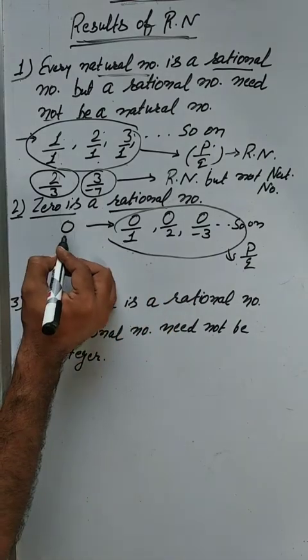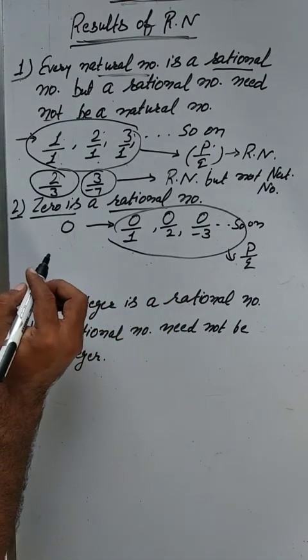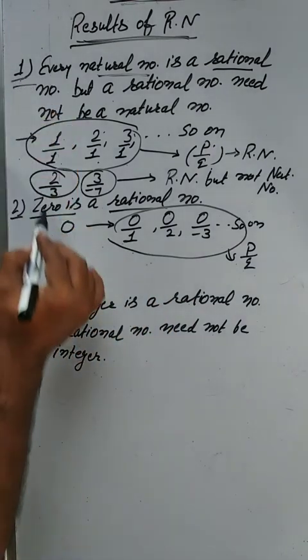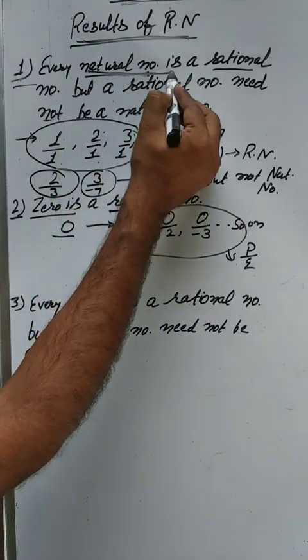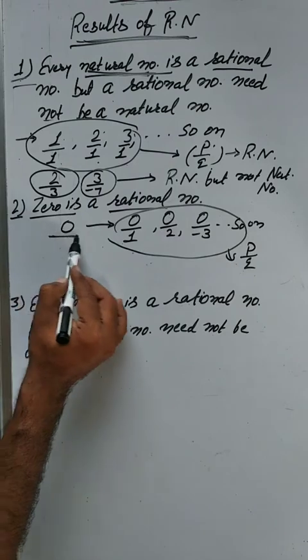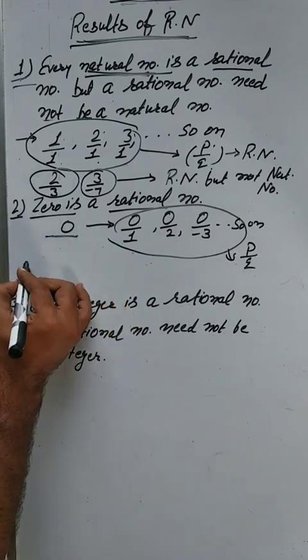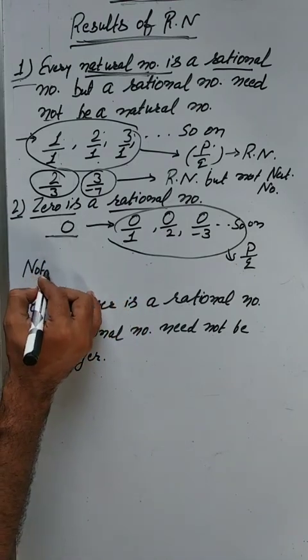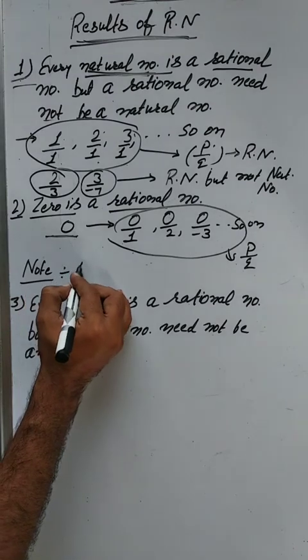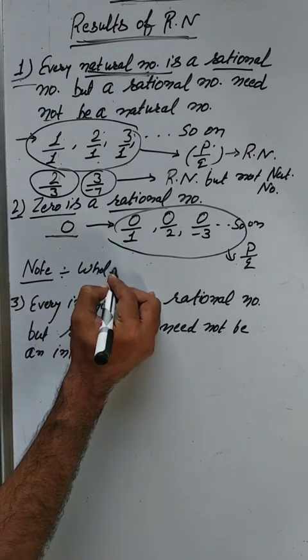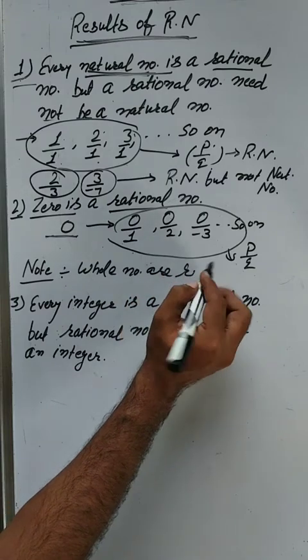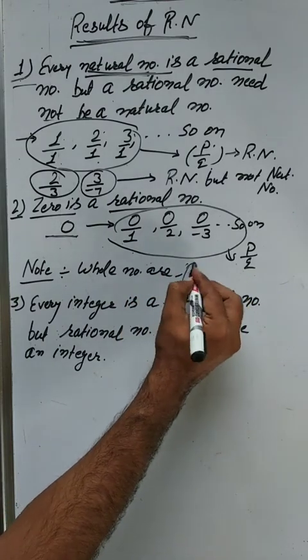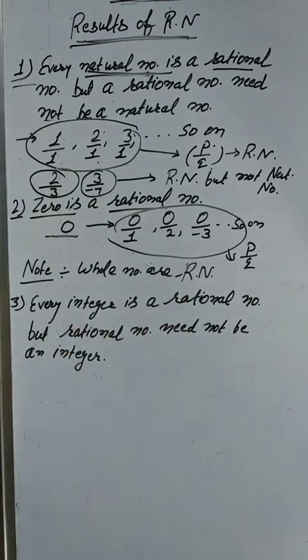So 0 is a rational number. Understood beta? Now from first and second, all natural numbers are rational numbers and 0 is also a rational number. So we can say all the whole numbers are rational numbers.